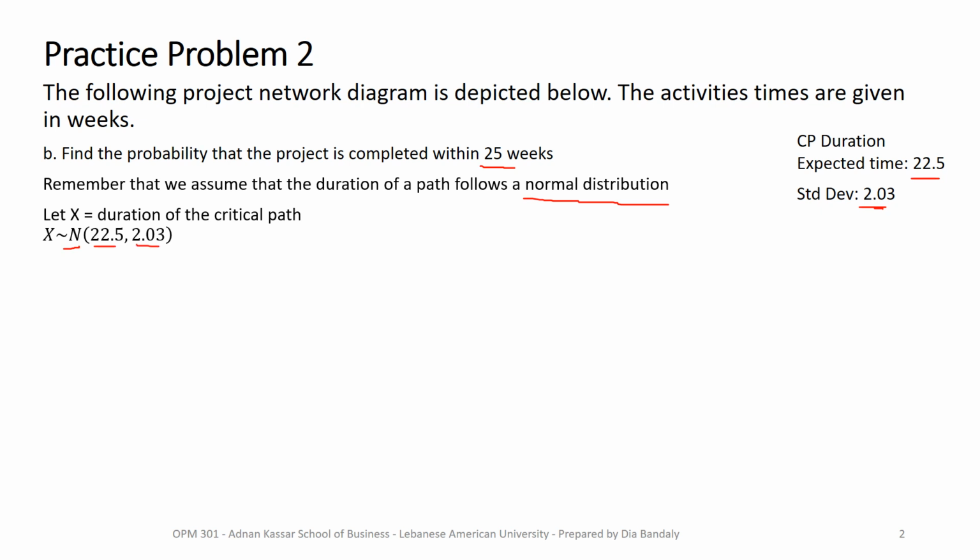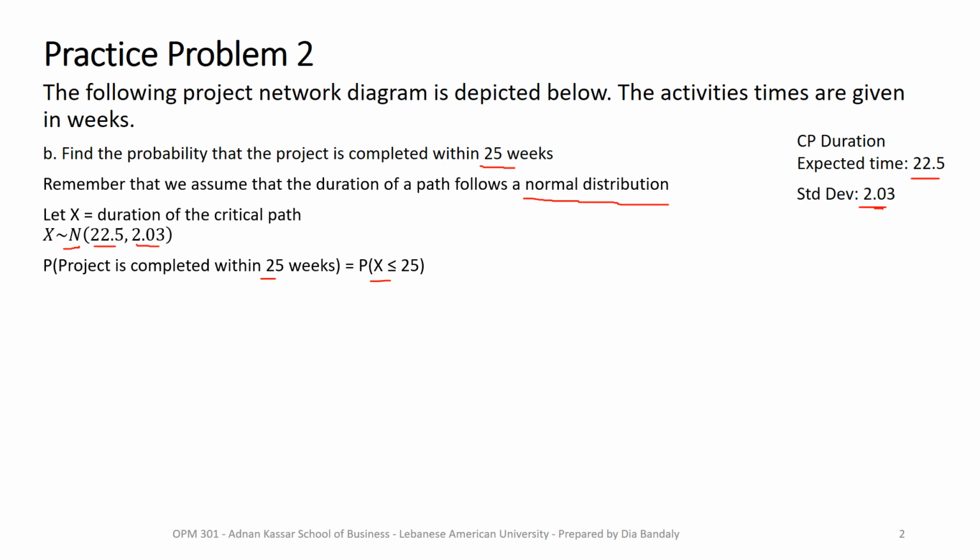Now, we are using the simplistic form that says that the probability of finishing the project within a certain time is equal to the probability of finishing the critical path within a certain time. I told you that this is not the accurate approach, but it's good enough for us. So we write that the probability of finishing the project within 25 weeks is the probability that x is less than 25 weeks.